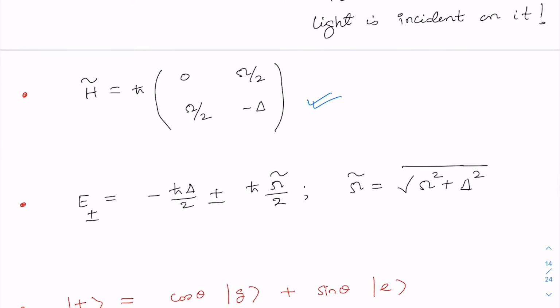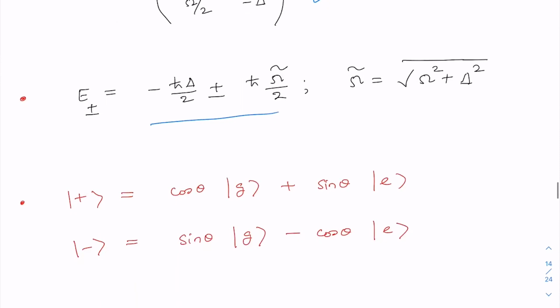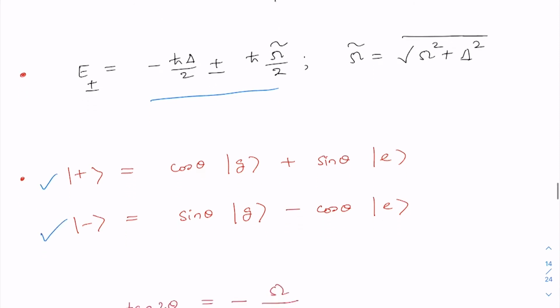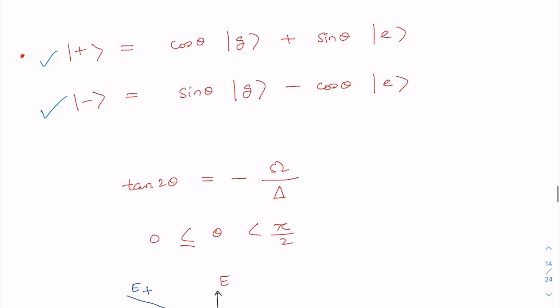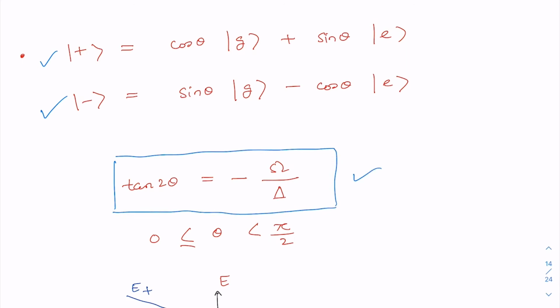It has two eigenvalues, E plus and E minus, and the dressed states and corresponding eigenstates are represented by the plus ket and the minus ket here. This angle theta is known as the Stückelberg angle, and it is associated with the Rabi frequency and the detuning parameter by this expression here.